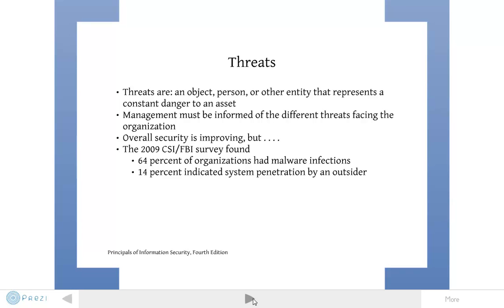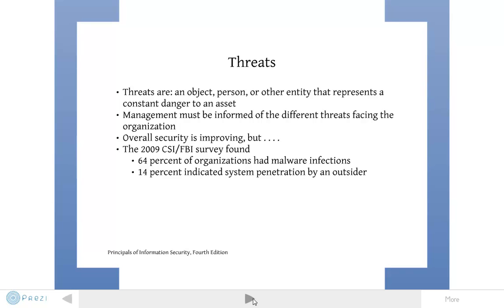All right, so threats can be objects, people, they can be entities that represent a constant danger to an asset. We talked last week that the weather can be a threat, right? If your data center is close to a river, like it is, or it was for a long time here at GRCC, you are in the flood zone, right? That's a threat, because at times that can actually reach your data center.